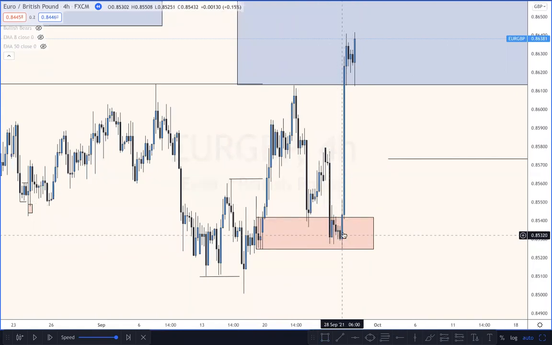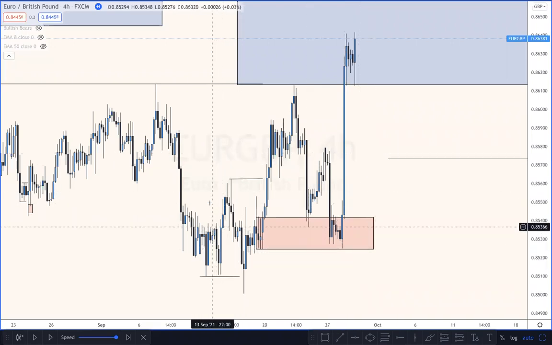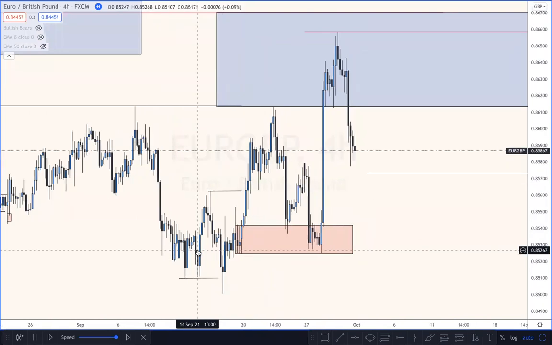Low risk buy. I did this on Friday. I did a markup on Friday. Did everybody see it? Yes. Low risk buy setup right there. Straight into this, boom. We go.